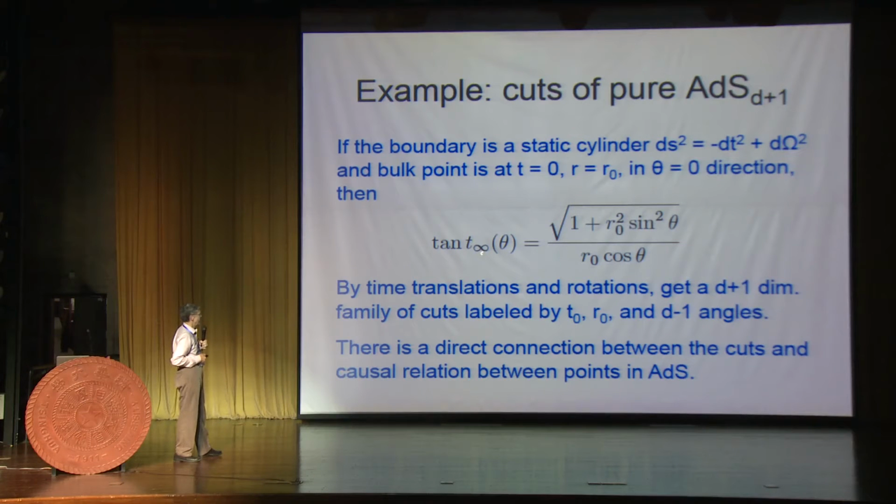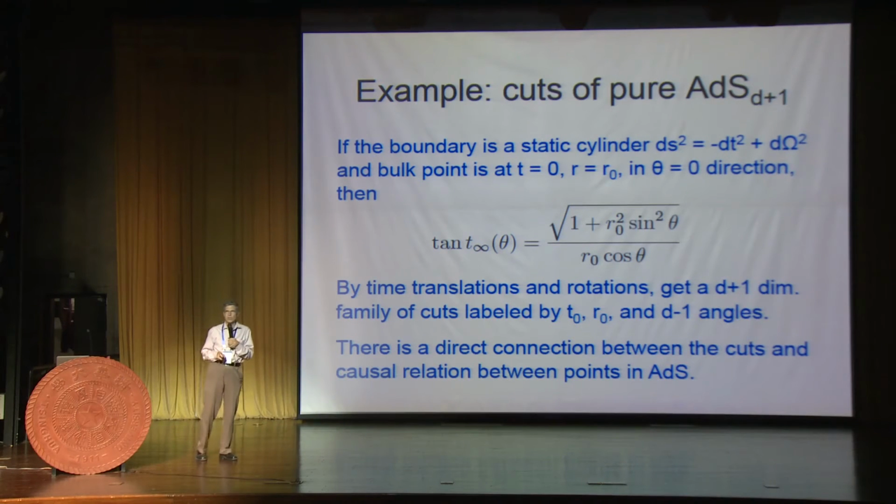So T infinity is the intersection of the boundary of the past or the boundary of the future with infinity, and it has some angular dependence given by this expression. These cuts are tilted with respect to the standard t equals constant slices of your boundary. You can see that if r naught goes to 0, the right-hand side diverges. That just says that the cut is given by t infinity equal to plus or minus pi over 2.